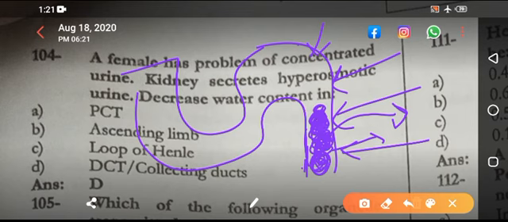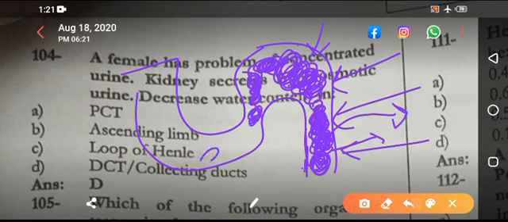So where will there be decreased water content? Over here, again increased water content, because ADH cannot act on it. Again over here there will be increased water content, and here this is the diluting segment. It dilutes urine, again it will be diluted. So this is the tip of the loop of Henle.